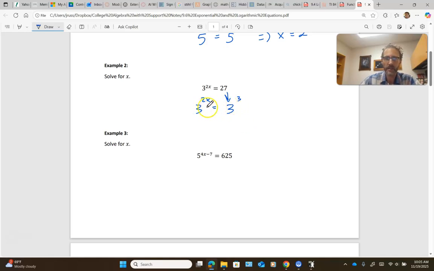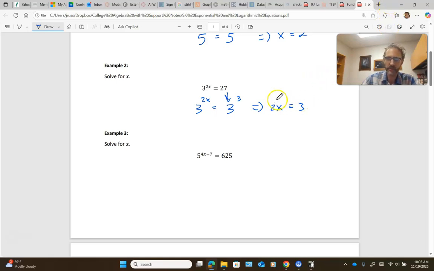Okay, and so because the bases are equal, then this implies that the exponents have to be equal, that 2x has to equal 3. Okay, 2x here has to equal 3. And so once you arrive here at this step, you can solve, this will be a linear equation typically.